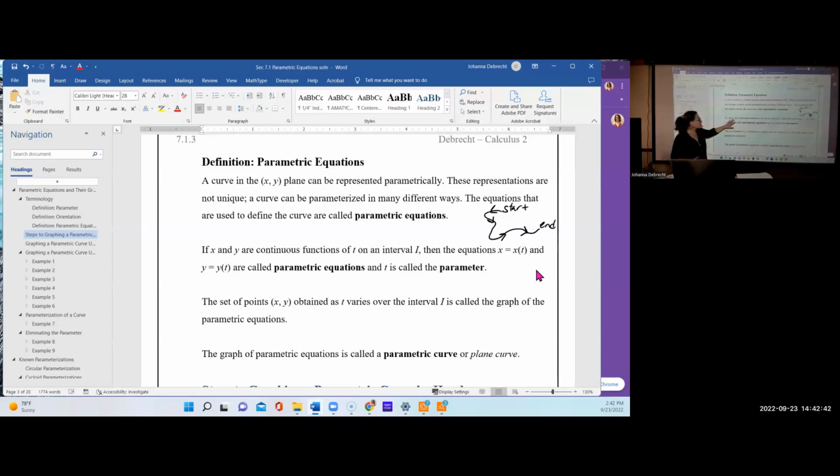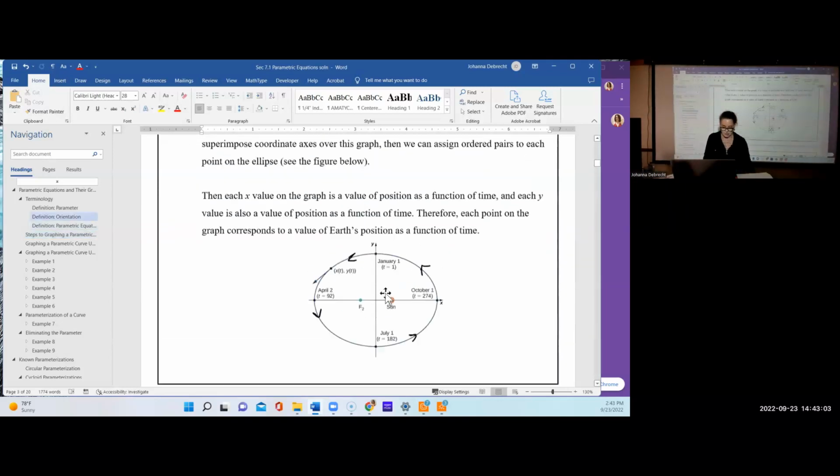And if x and y are continuous functions of t, remember they are functions of t, over an interval I, then the equations x of t and y of t are called the parametric equations, and t is the parameter for those equations.